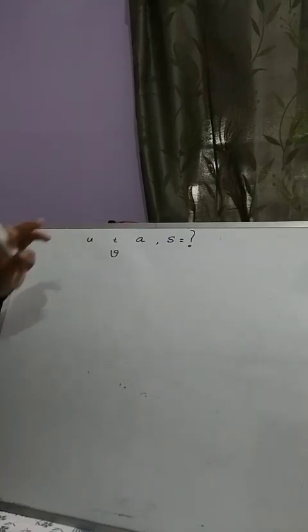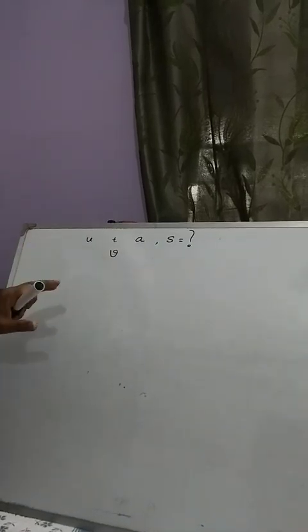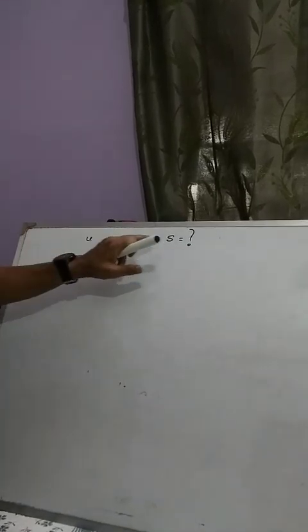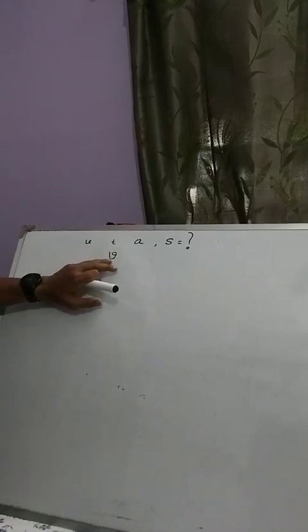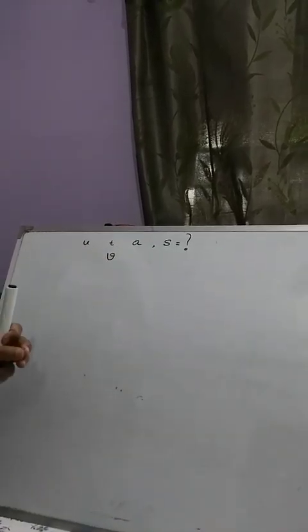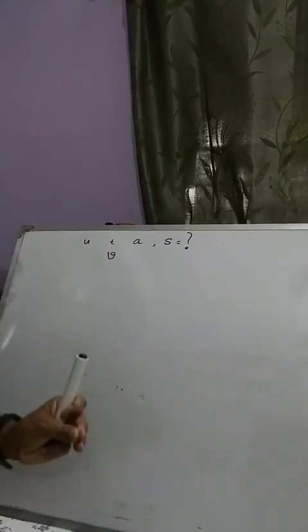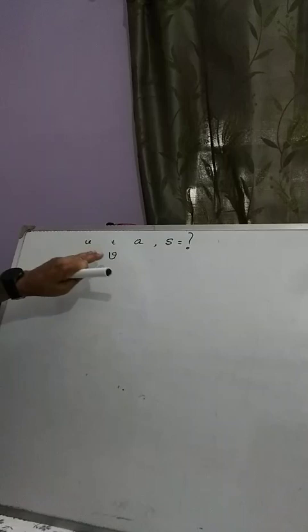Here we consider that the distance is s and after time t, the velocity is v. That means the terminal velocity, or the final velocity, when the particle covers the distance s is v.